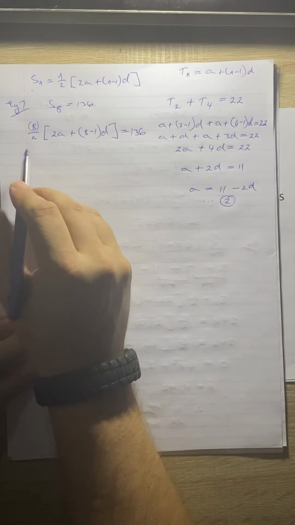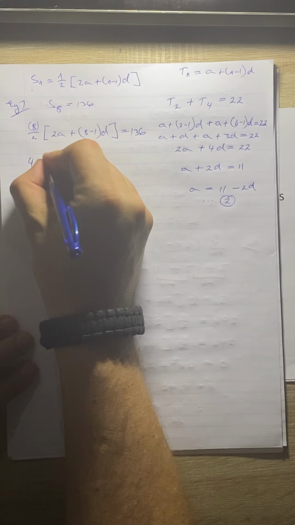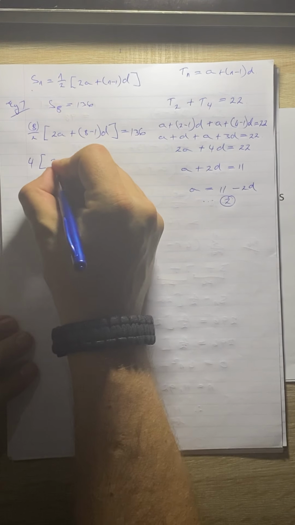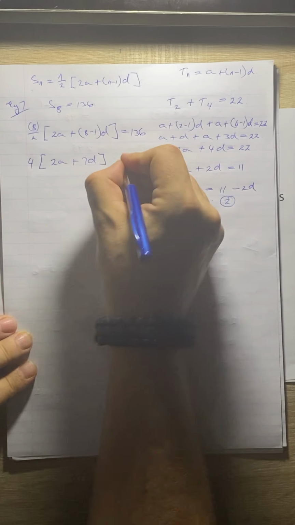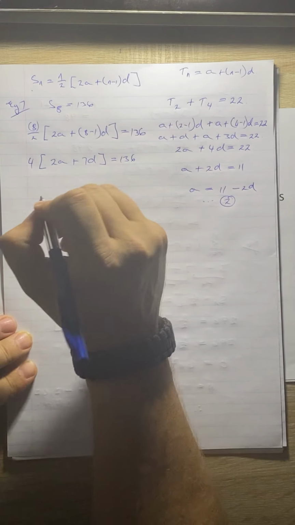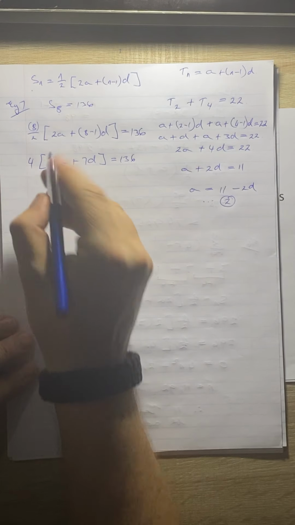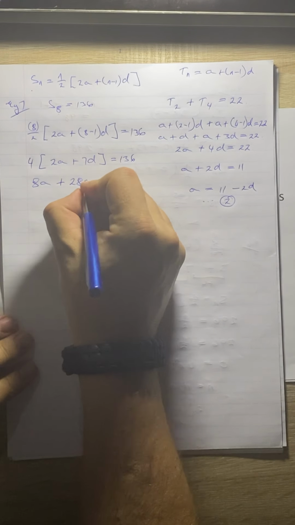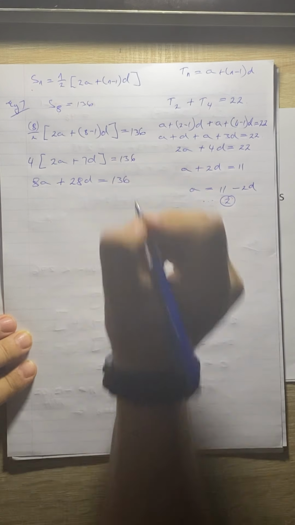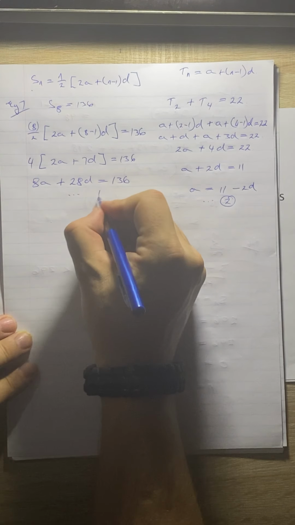Okay, let's simplify this. So that gives us 4, 2a plus 7d equals 136. Just multiply the 4 in and we get 8a plus 28d equals 136. I can call this equation 1.